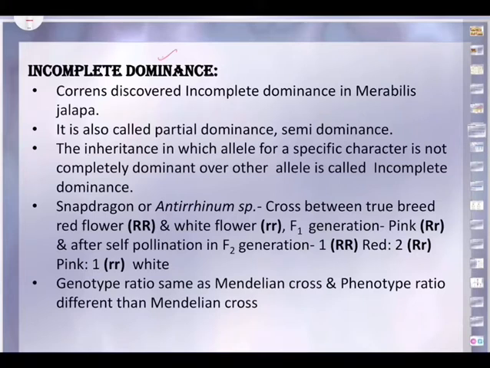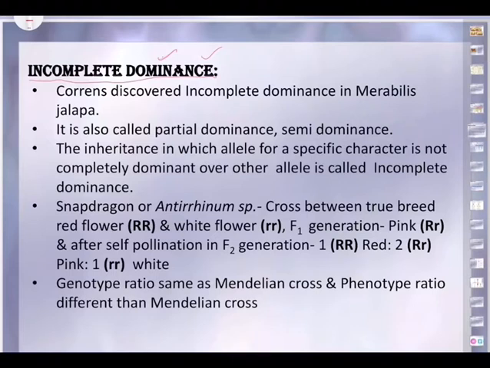Now in this session, we are going to discuss a very important concept called incomplete dominance. We have been talking about dominance, dominant gene. Now if the dominant gene doesn't dominate completely, if it dominates partially, then we call it incomplete dominance.